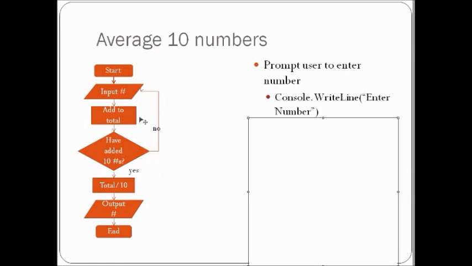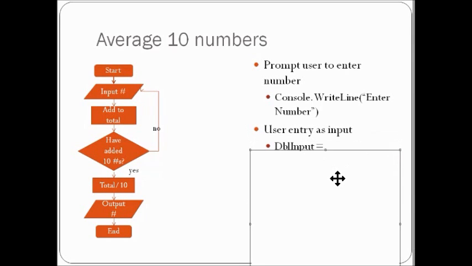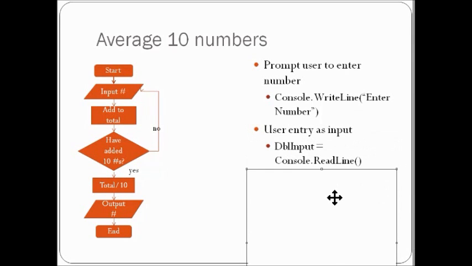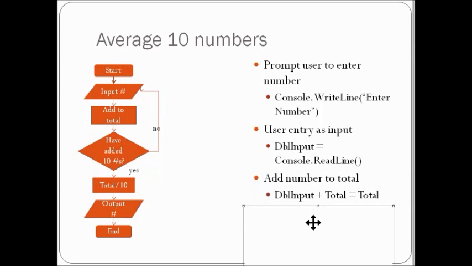So the next thing you do is add to the total, right? You're going to take the user entry and put the user entry into input. So you're going to store the user's answer in the computer. And it's going to be called double input. And then you're going to add double input to the total.